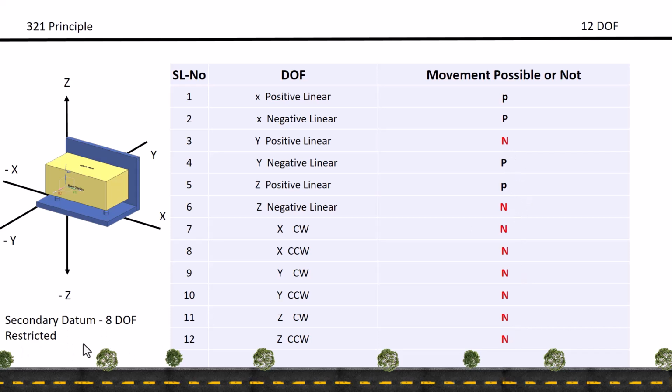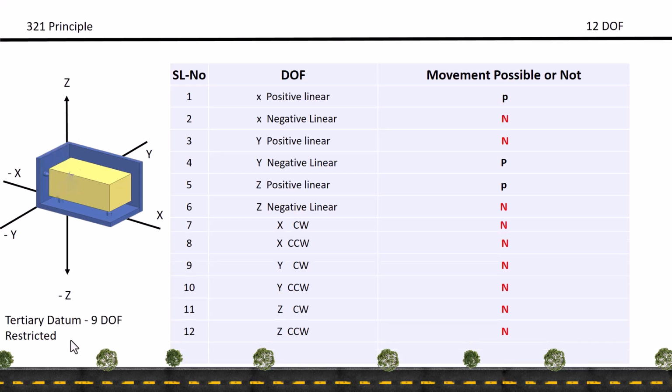Now we can go to the tertiary datum. Datums can have multiple names: primary, secondary, and now we see the tertiary. For these datums, you see x positive linear and x negative. In this approach, movement will happen in this direction, but this direction will be restricted, so it is not possible to move. And y linear is also not possible, and y negative is possible.